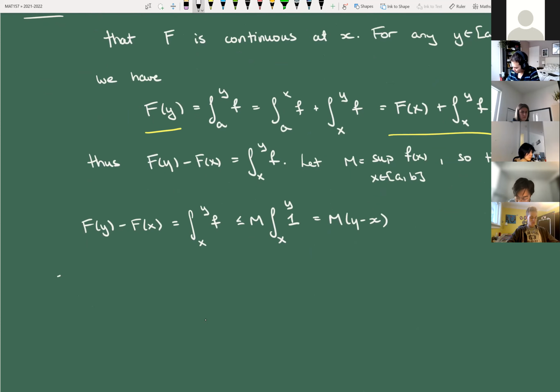Okay, so thus, when I take absolute values of everything, I probably don't need to use absolute values here, but.